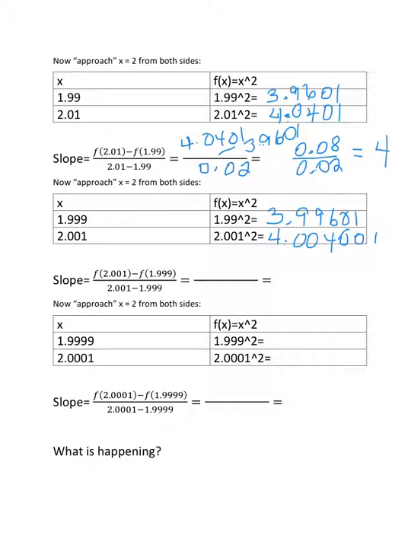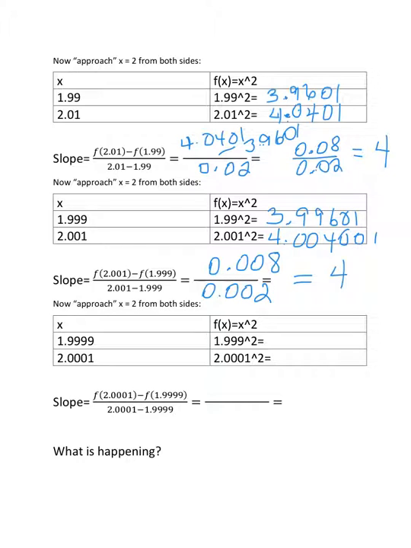And when we subtract, I think what you're going to see is that you get 0.008 divided by 2.001 minus 1.999, which is 0.002, which again comes out to be 4.